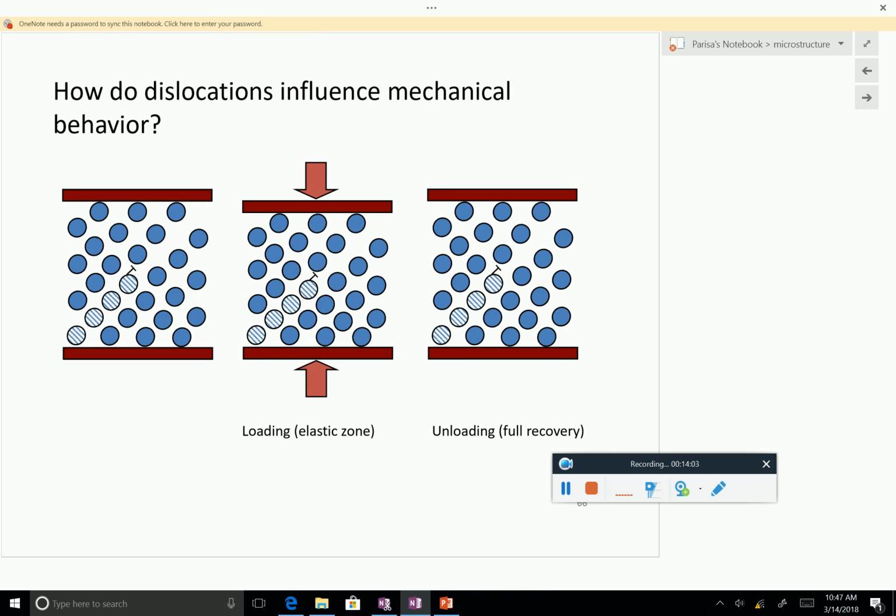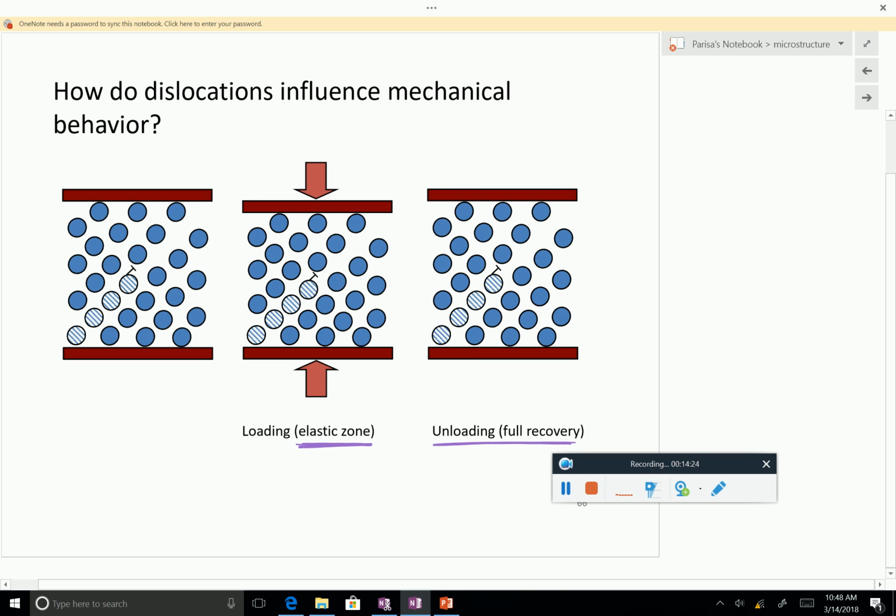The dislocation moves a little bit, but the stress is not enough to move it from one atomic spacing to the other. It is not enough to make it a slip. So you still have elastic deformation. So this is when everything is elastic.